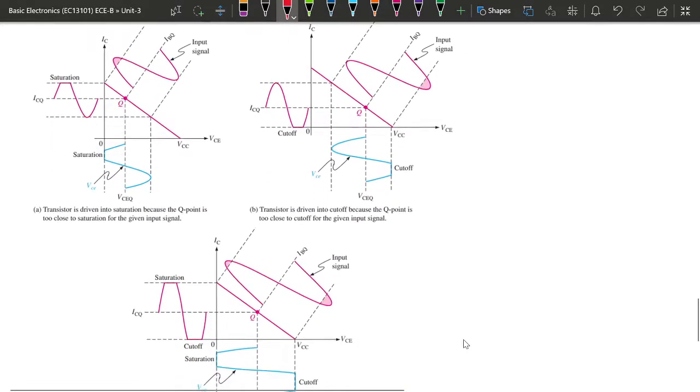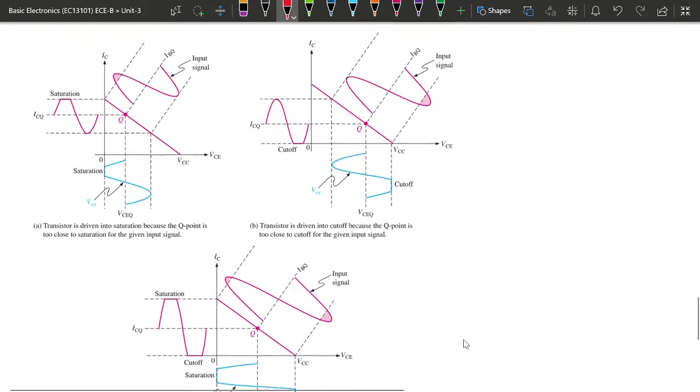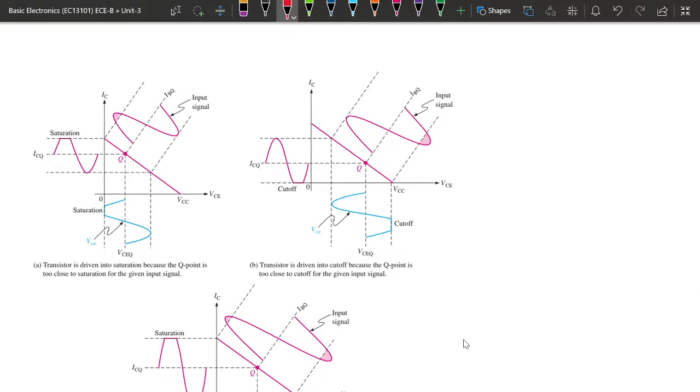This is the figure showing how the distortion takes place. Suppose the transistor is driven into saturation because the Q point is too close to saturation for the given input signal. Here, this is the operating point, which is very close to the saturation level. We have already seen that beyond this point the saturation mode of operation of the BJT takes place.